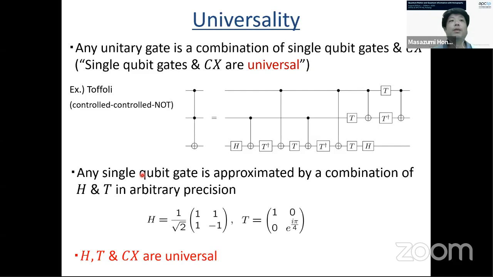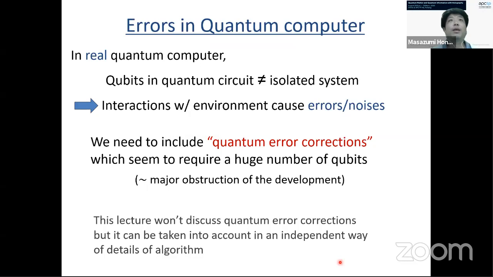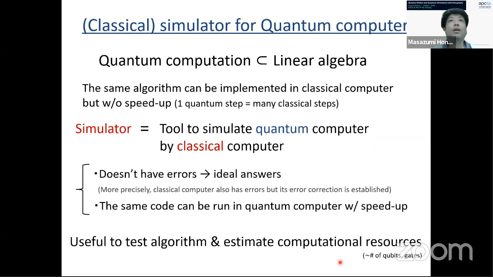In particular, it is known that if we have H and controlled X, we can approximate any unitary operators. The real device has noise. There is also a tool called the simulator, which simulates a quantum computer by a classical computer, and the simulator does not have errors, ideally.